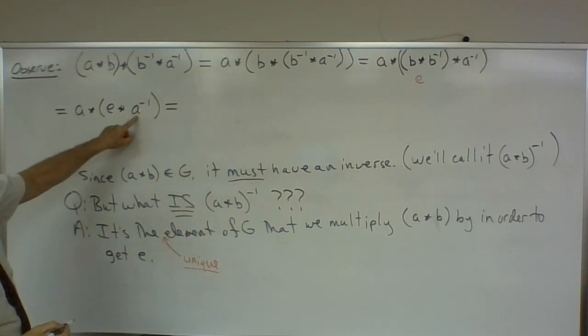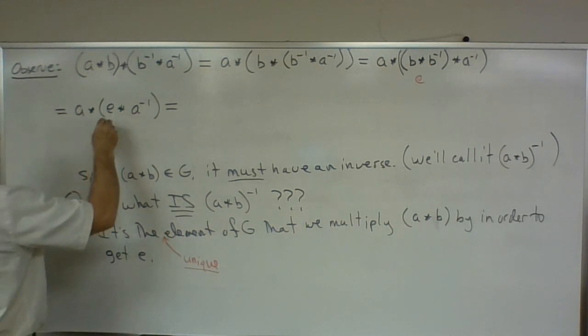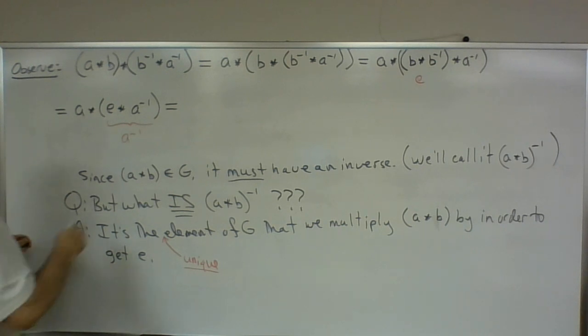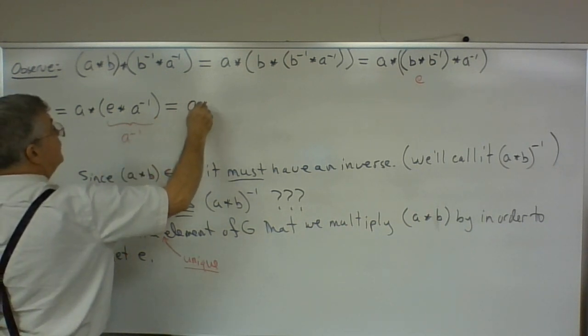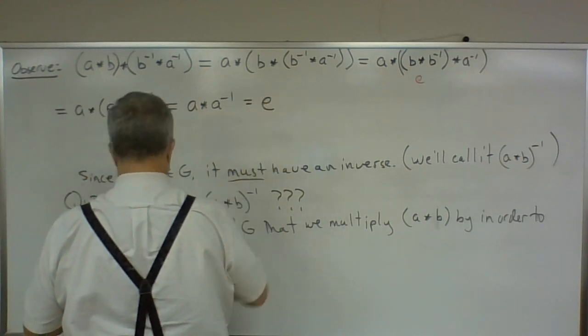But the identity times anything is that thing. This is just A inverse. So we have A star A inverse, which is the identity.